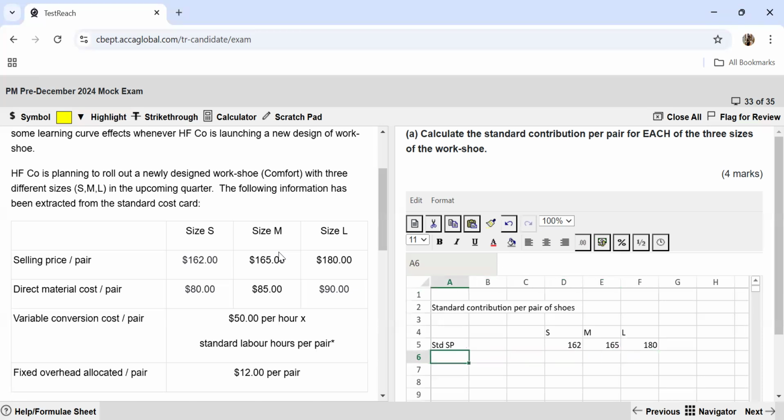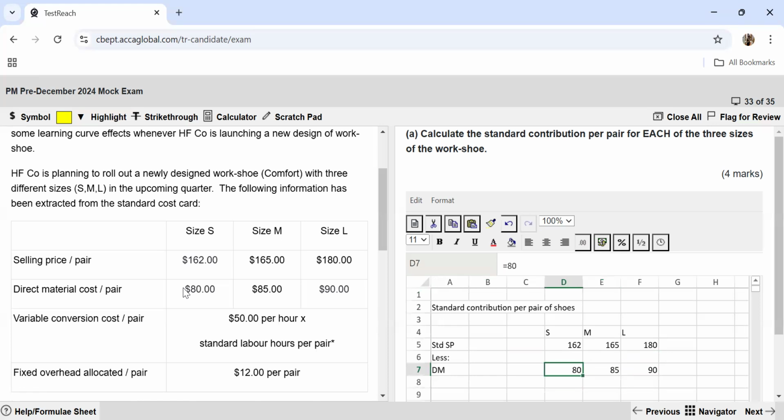Now, to find out the contribution, we have to take the selling price, and from that, we need to subtract all of the variable costs, right? That's the formula of contribution. So we move further to the subtraction of the variable costs. Firstly, we are going to subtract the direct material. So as far as the direct material is concerned, it's straight away given. This is 80, this is 85, and this is 90.